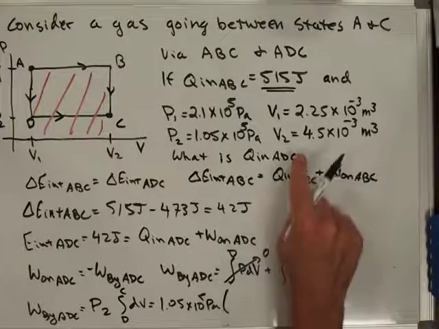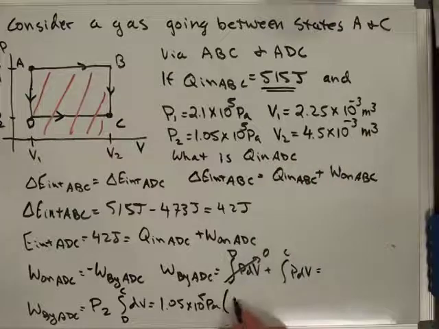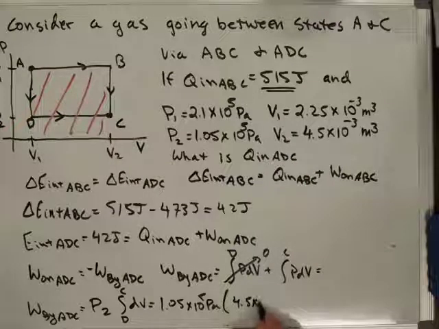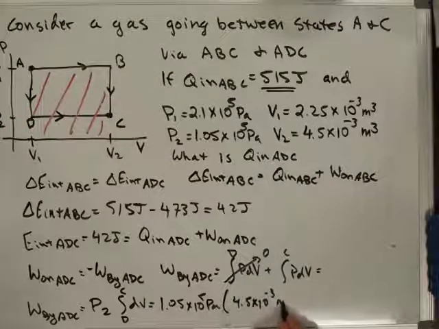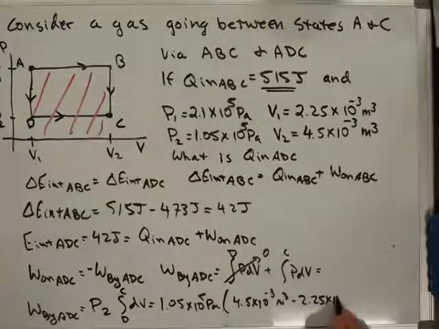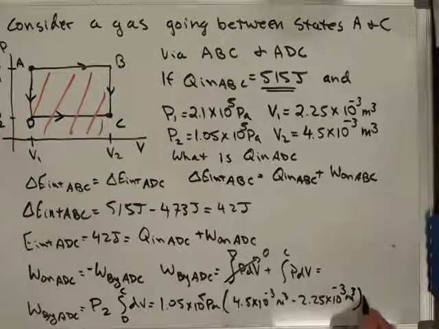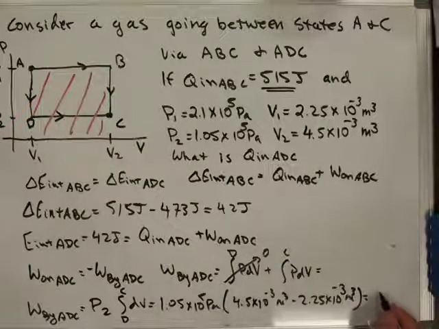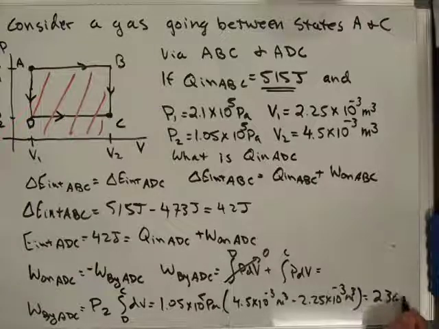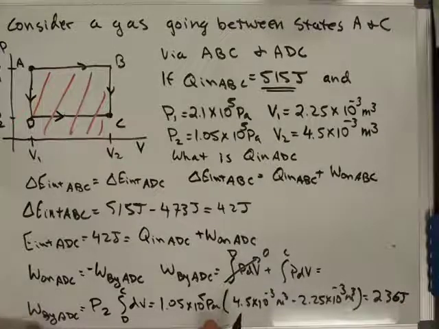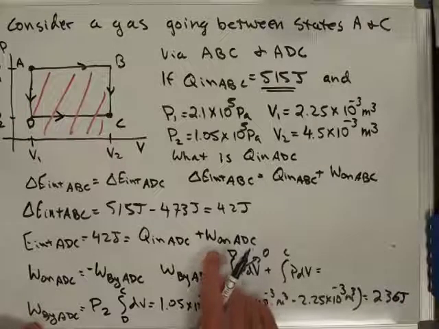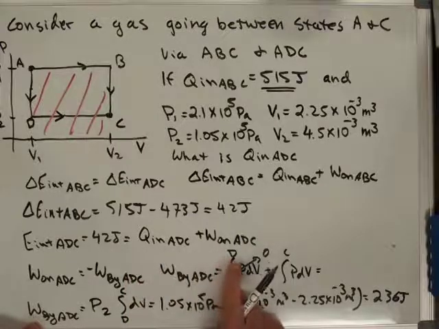It's just V2 minus V1, which is 4.5 times 10 to the minus 3 meters cubed minus 2.25 times 10 to the minus 3 meters cubed. And that gives me about 236 joules. So this is the work by the gas on the ADC path.